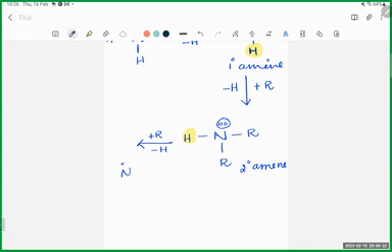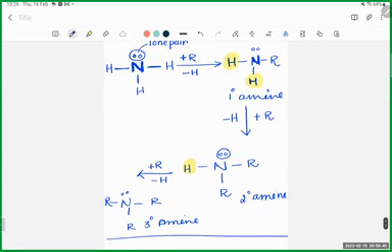So what do you get as the compound over here? What you observe, there is no hydrogen. So you call it a 3-degree amine. Did you understand? So basically amines are derived from ammonia. Did you understand the concept of 1, 2, 3 degree?